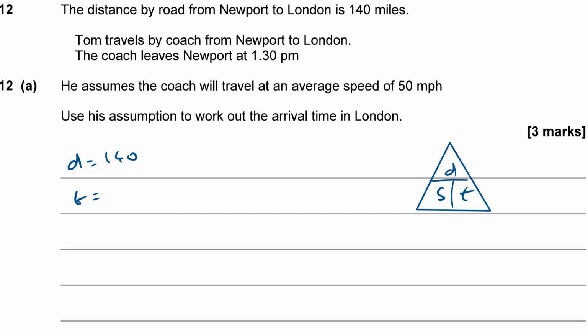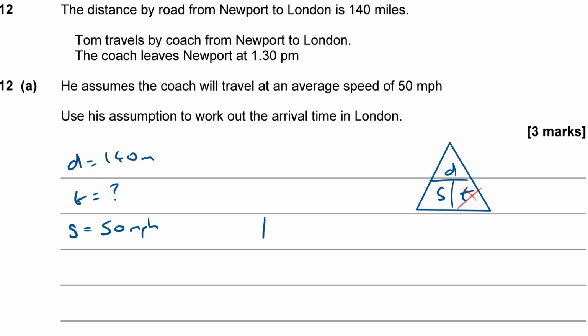I need to work out the time he arrives in London, and I know the average speed is 50. That's in miles and that's in miles per hour. So the one I want to find is T. Putting your thumb on top of the T tells you what to do with the other two. Time is equal to distance divided by speed.